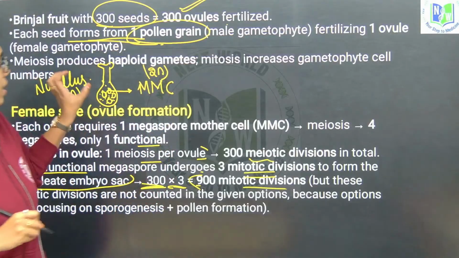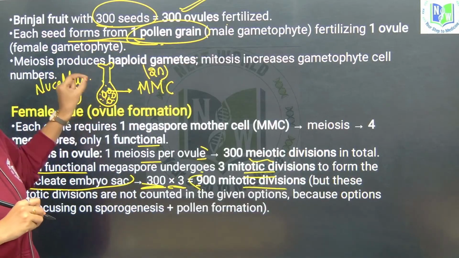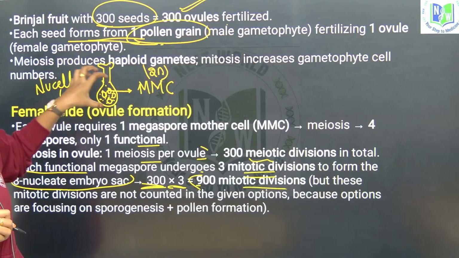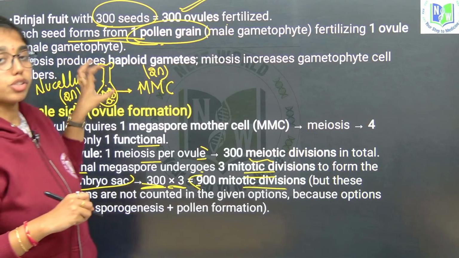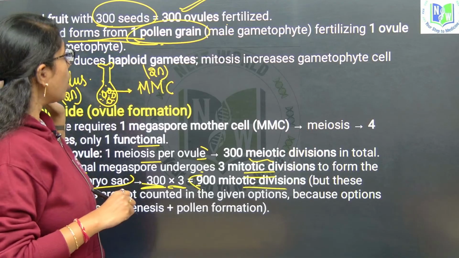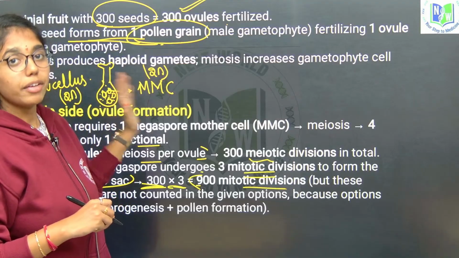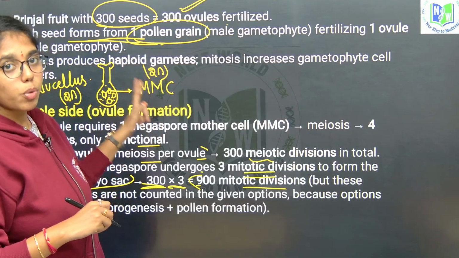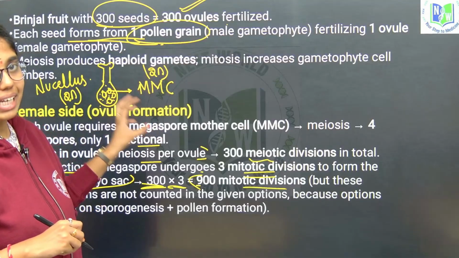So, inside the ovary, ovules will be present. The ovule has nucellus cells, which are diploid. One of the nucellus cells will be differentiated into the megaspore mother cell, which is diploid.